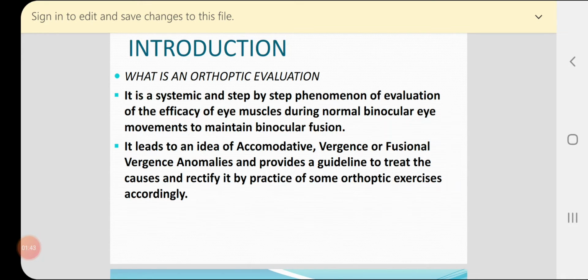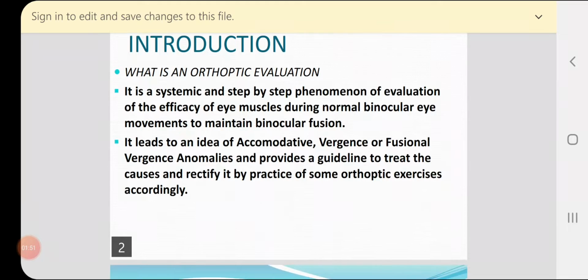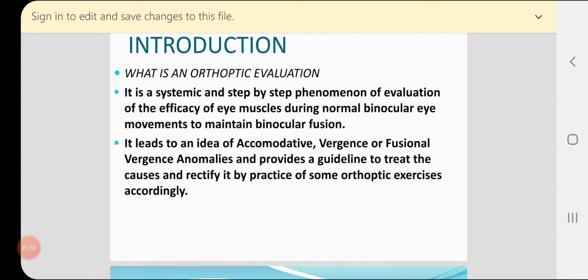So it is a step-by-step evaluation of the efficacy of eye muscles during normal binocular eye movements to maintain binocular fusion. It leads to an idea of accommodative, vergence or fusional vergence anomalies and provides a guideline to treat the causes and rectify them by practice of some orthoptic exercises accordingly.